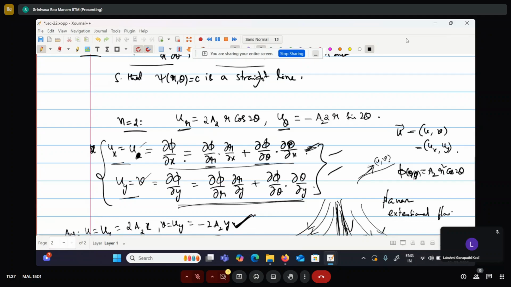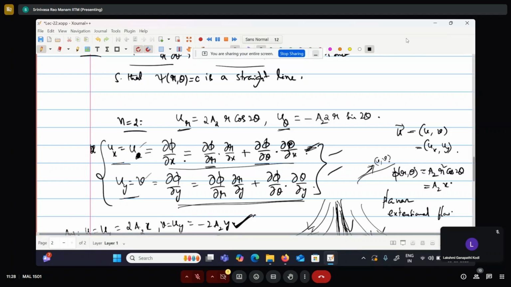This is in r theta, right? You convert this into Cartesian coordinates. What is it in Cartesian coordinates? This is simply a2 x y only, no?